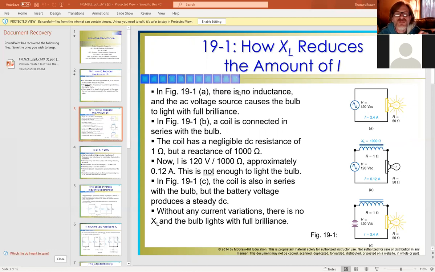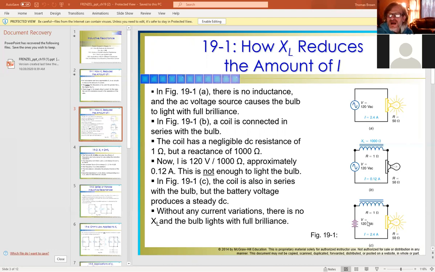But notice it has a reactance of 1,000 ohms. So as far as our reactance against AC, it's kind of high, right? 1K. So if we do the Ohm's law situation, we have 120 volts divided by 1,000 ohms, we get 0.12 amps.